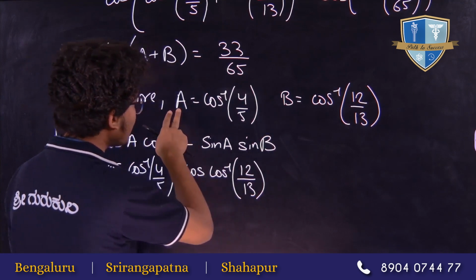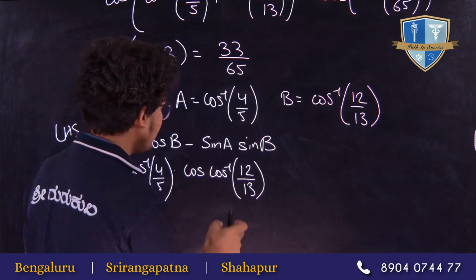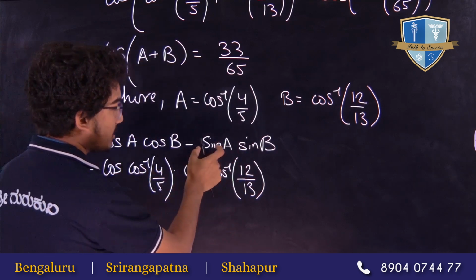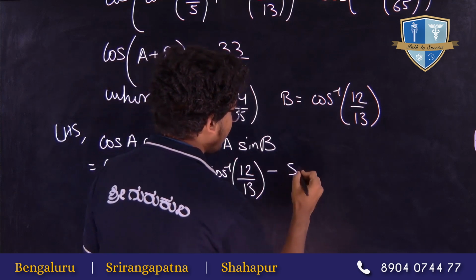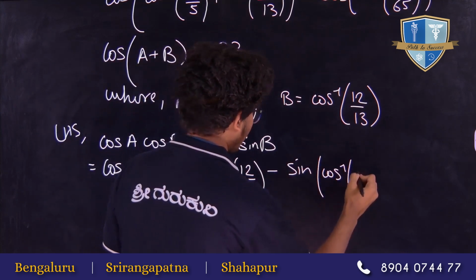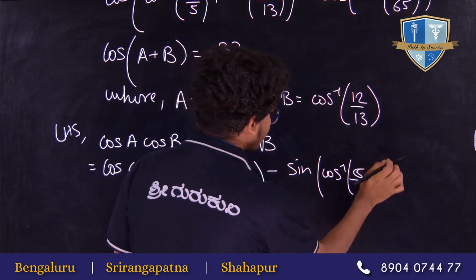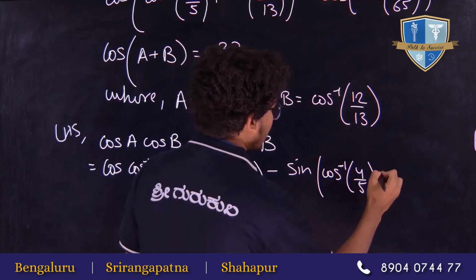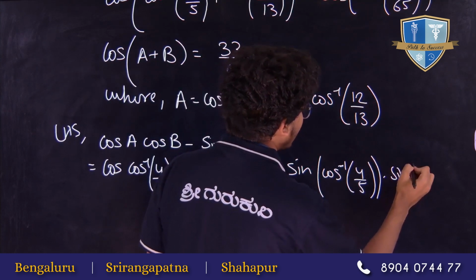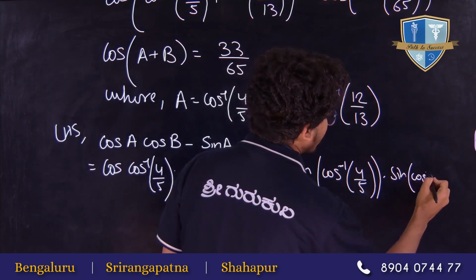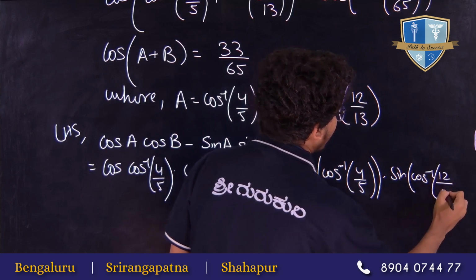Now we can write this A in terms of sin as well. Here we have sin, here we have sin, right? Here cos and cos will cancel out, but here sin and cos will not cancel out. Here we have sin of cos inverse 4 by 5 into sin of cos inverse 12 by 13.